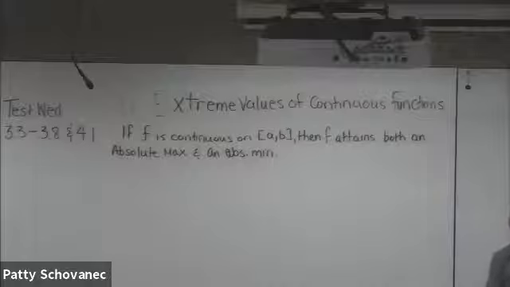The extreme values will occur at some critical number within the interval, where critical number was a value of x at which the derivative is 0. Or it might occur at one of the endpoints.